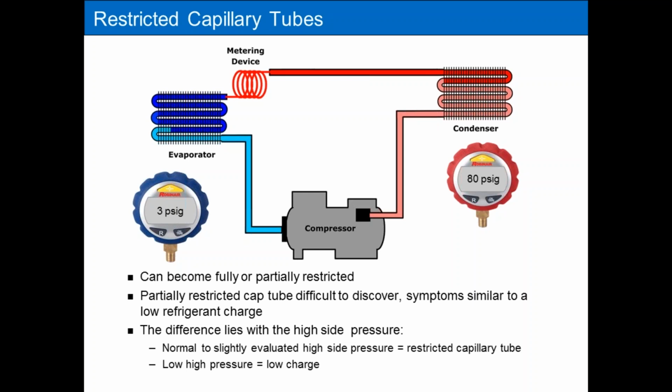If you see your discharge pressure starting to creep up and your suction pressure is locked in, still very, very low or in a vacuum, and your discharge pressure is going up as you're putting more refrigerant in, stop. It's a plugged cap tube. So you can add a little refrigerant and see what happens if you're not sure about the high side pressure. It is a waste of time and a waste of refrigerant, but it is another approach. But the high side approach normally tells you the difference between a plugged tube and a loss of charge.